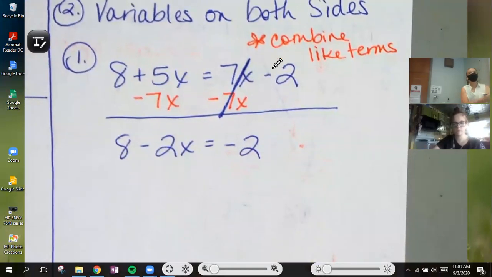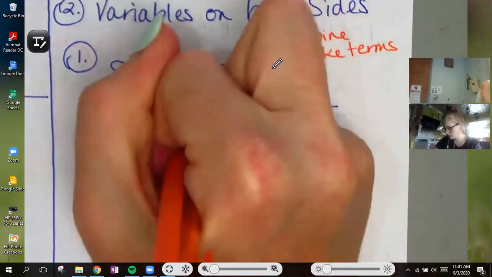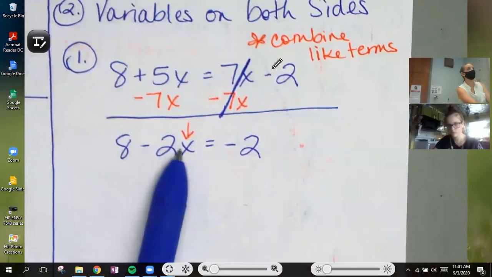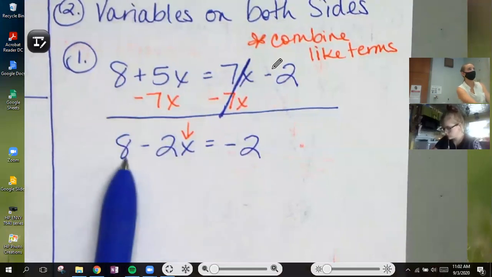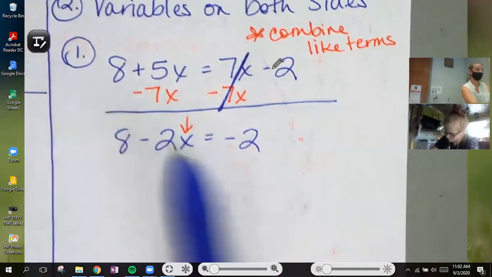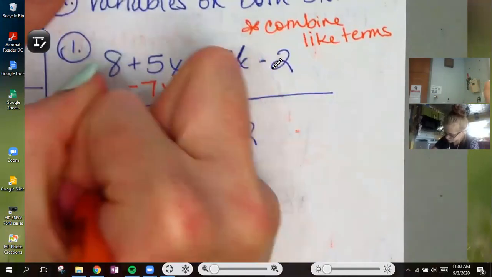Okay, so now it looks just like the other problems we did. We're solving for x. Okay, so I start with my term that's farthest away, which is what? 8. It's a positive 8, so how do I get rid of it? Subtract.